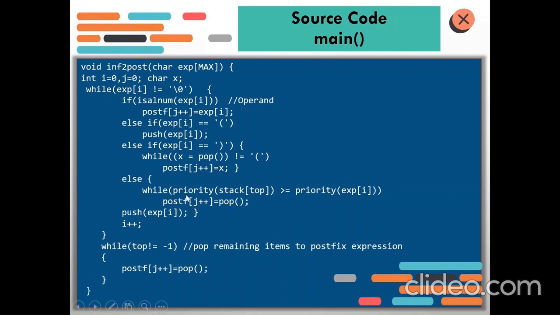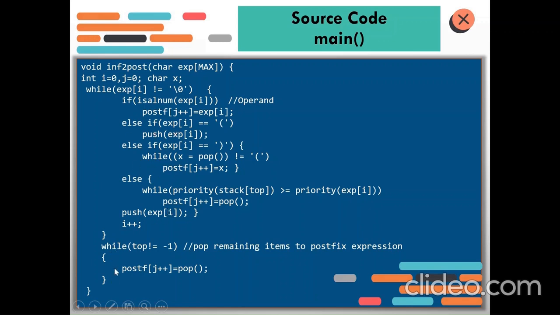Finally, when control comes out of this while loop, that means when this condition turns false, we do a push operation in which the current input symbol is pushed to what? Stack, right? Then I++ increments I and we go to the next infix symbol and repeat the process till we have exhausted the infix expression.